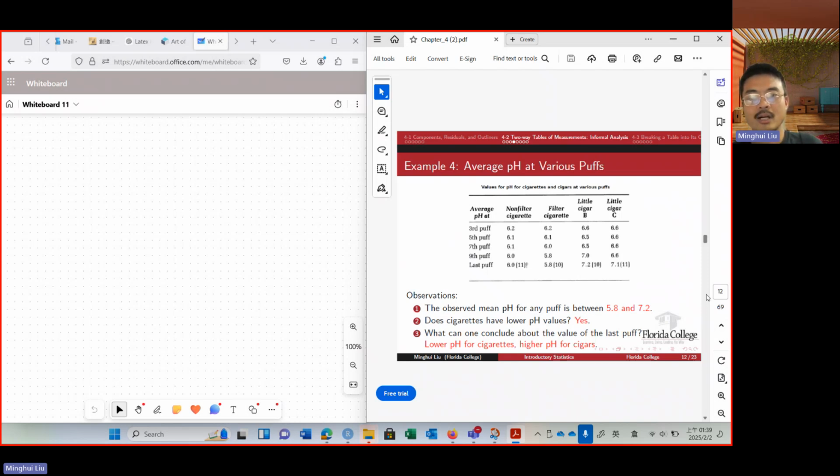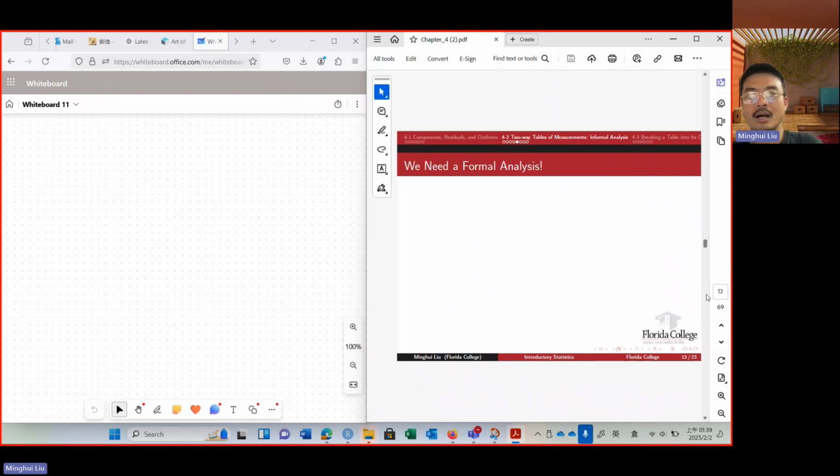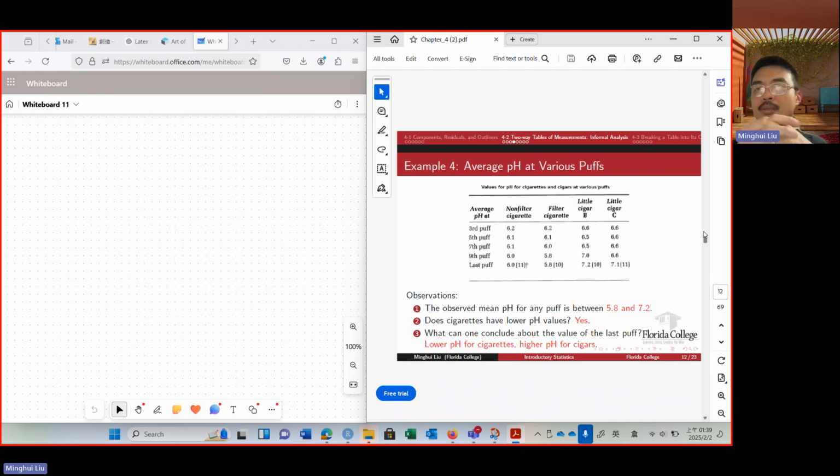However, for cigars, the pH value is actually higher. Of course, we can make these observations for this simple model. What if the table is large? What if the table has 12 different rows and 25 columns, or some large tables, and how do you draw conclusions? It's not that simple, is it?